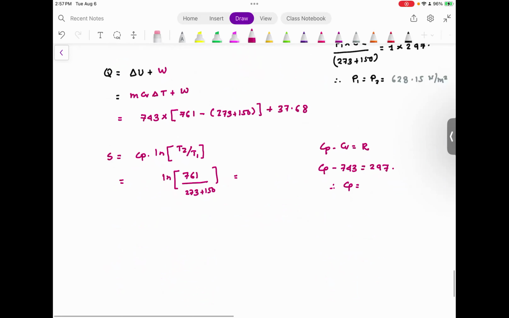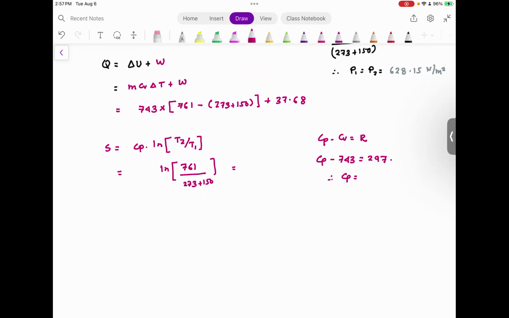I would solve one more problem. Problem 4.6. A mass of 0.8 kilogram of air at P is equal to 1 bar and T is equal to 25 degrees C is contained in a gas-tight, frictionless piston cylinder device.